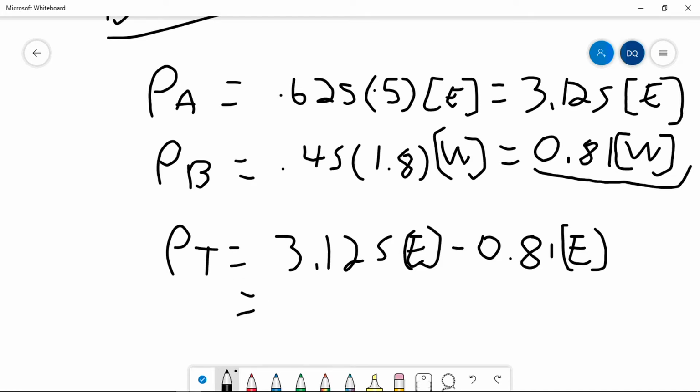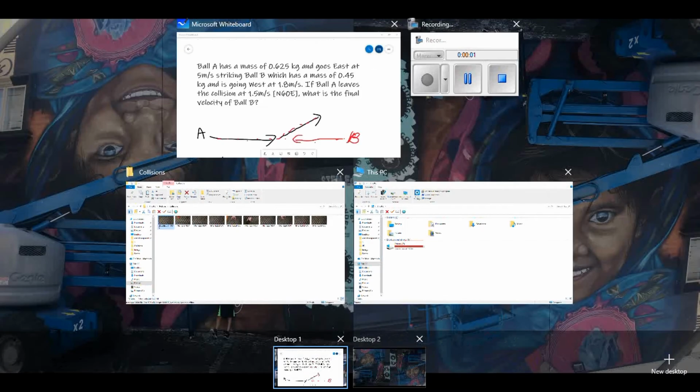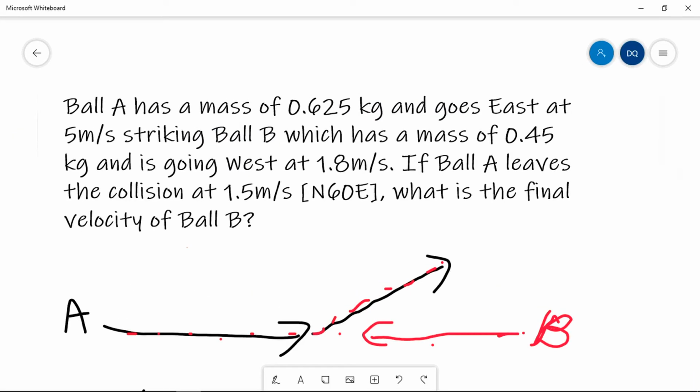So the total momentum in the system is 2.315 kilogram meters per second east. That's the total momentum we get when we consider the heavy ball heading east and the lighter ball heading west, and the lighter ball is going a little bit slower.